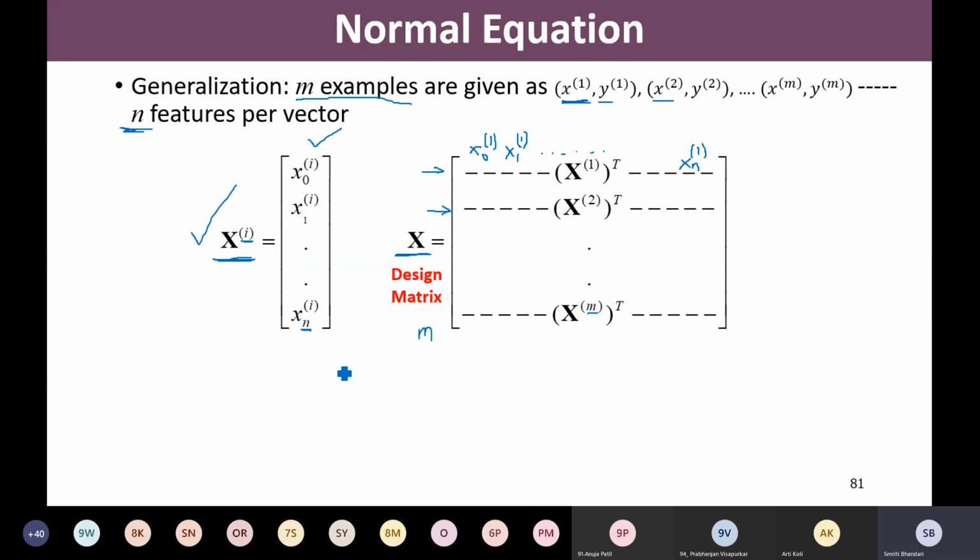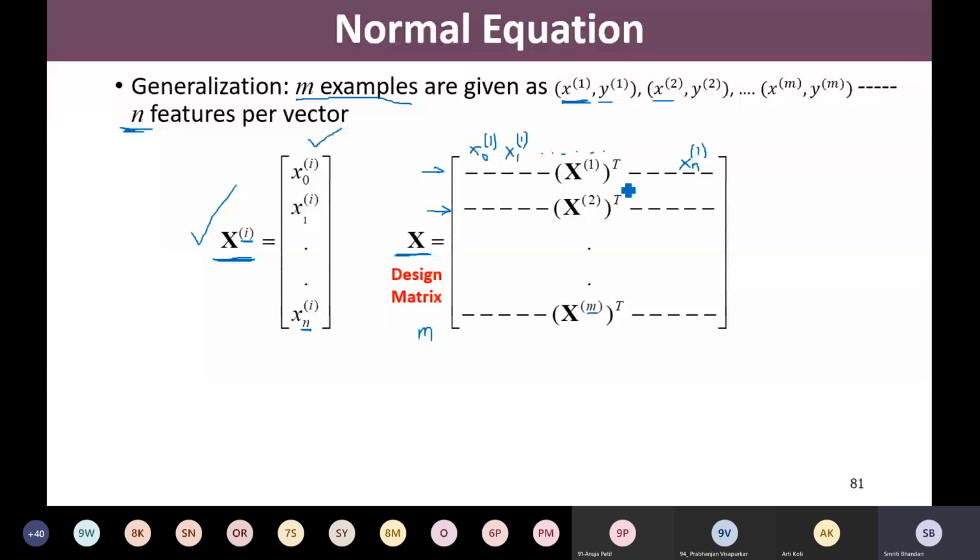Whatever is this column vector, I want to convert it into a row vector, simply by computing the transpose of this vector. If I compute xi transpose, I will get a row vector.